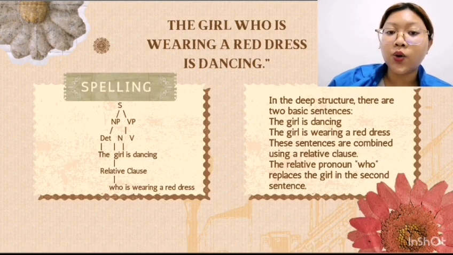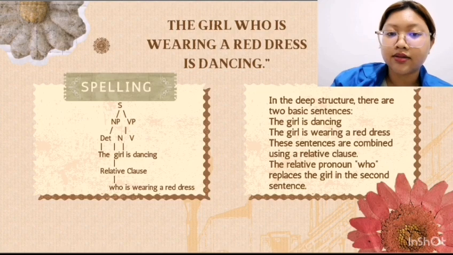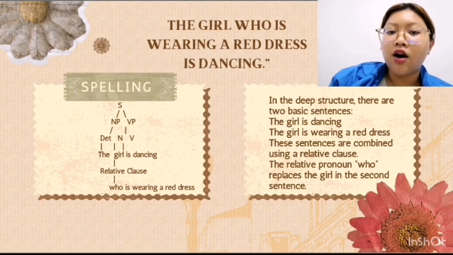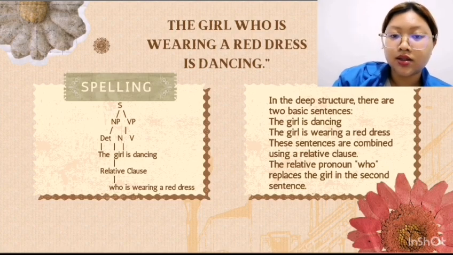Next: the girl who is wearing a red dress is dancing. In the tree, first we have the subject, a noun phrase, and the verb. The noun phrase has the determiner the and the noun girl, the verb is is dancing, and the relative clause is who is wearing a red dress.